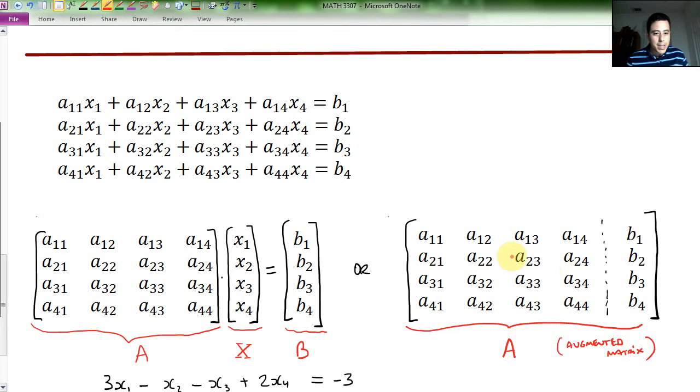Now, this matrix A here is not the same matrix as this one. You can clearly see, right? This matrix has 4 columns and 4 rows. This matrix has 5 columns and 4 rows. Now, it depends on the situation. Eventually, we're going to use this format.